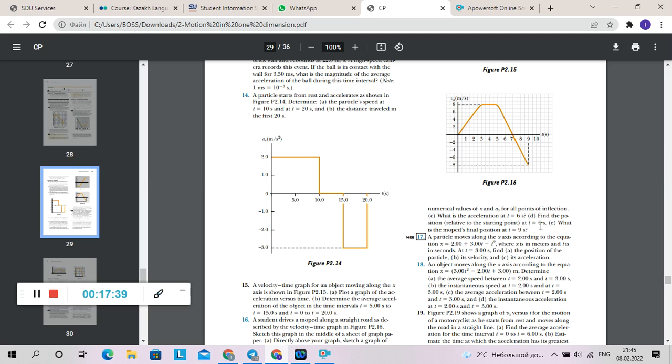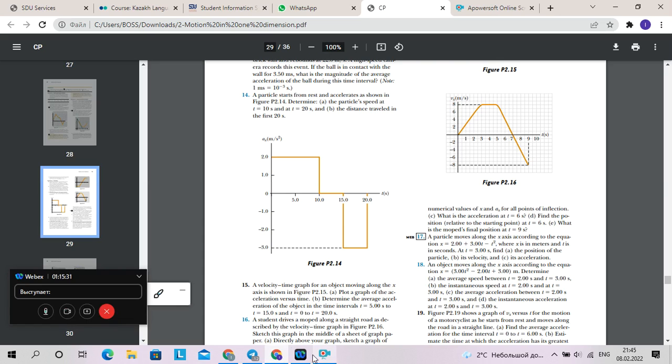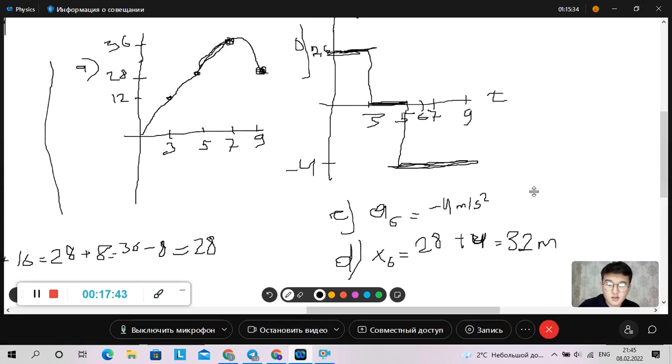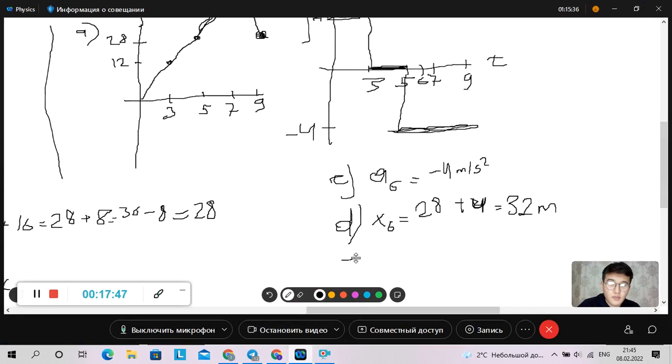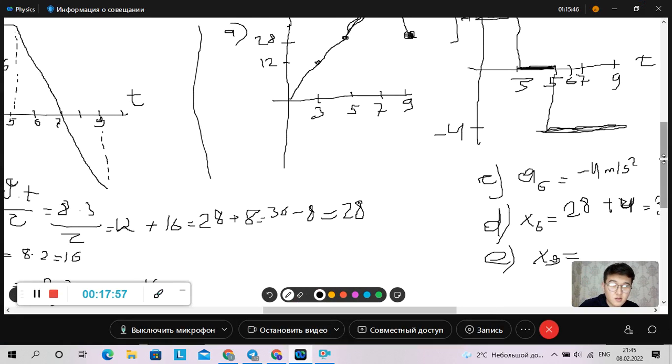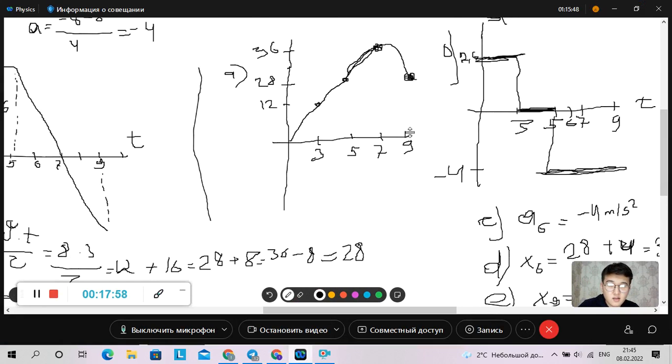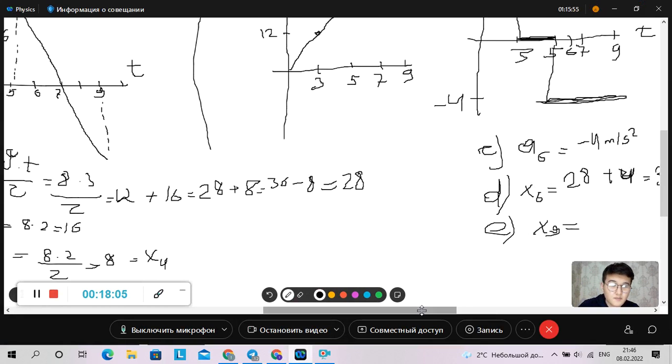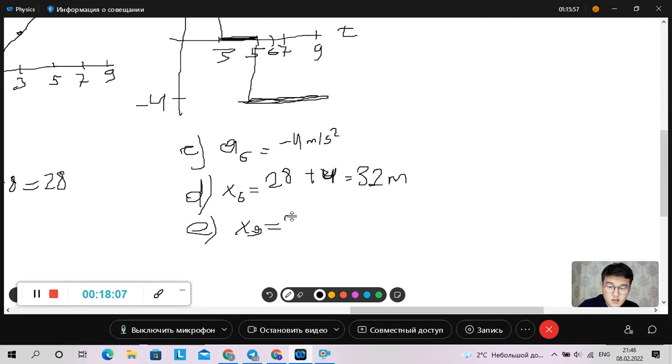Okay, and the E question: what is the final position at 9 seconds? We can show it on the graph. The position at 9 seconds is equal to 28. The last position is 28 meters.